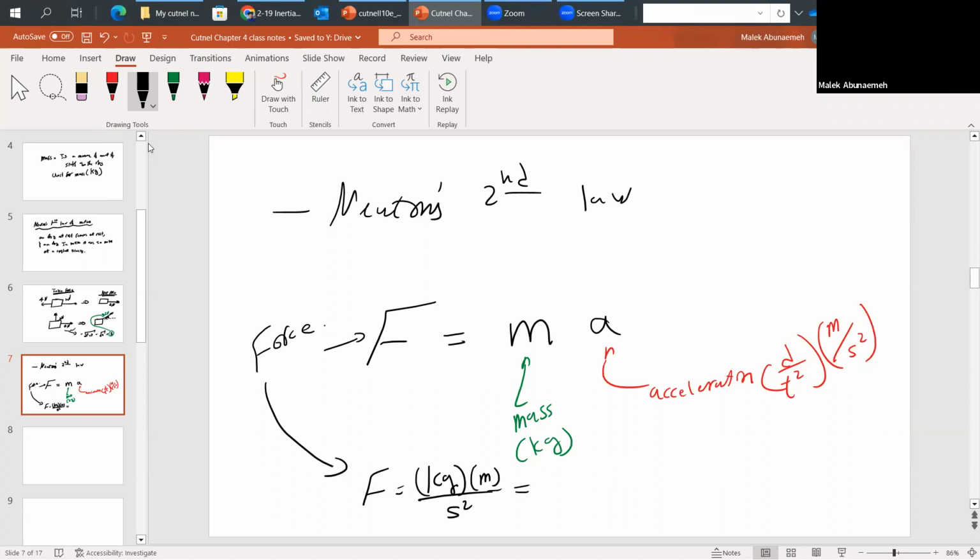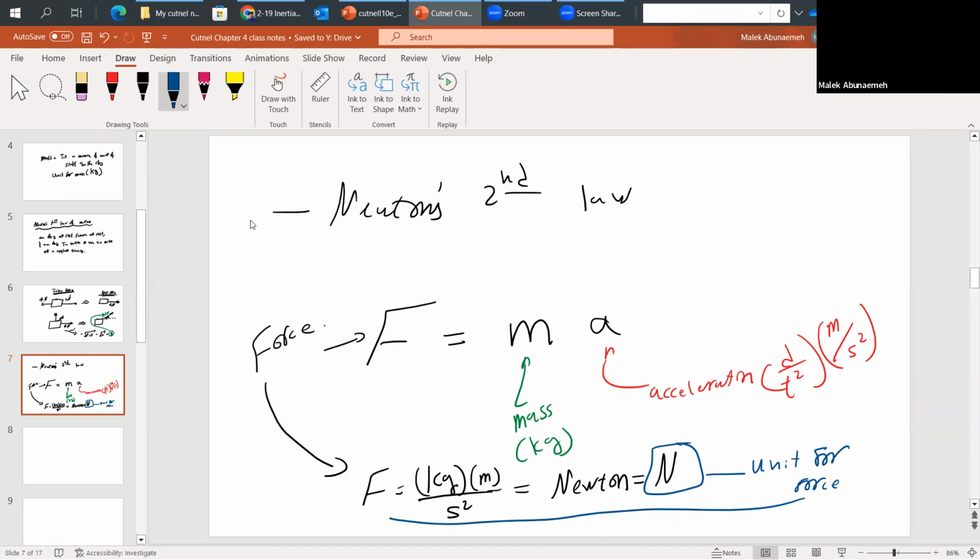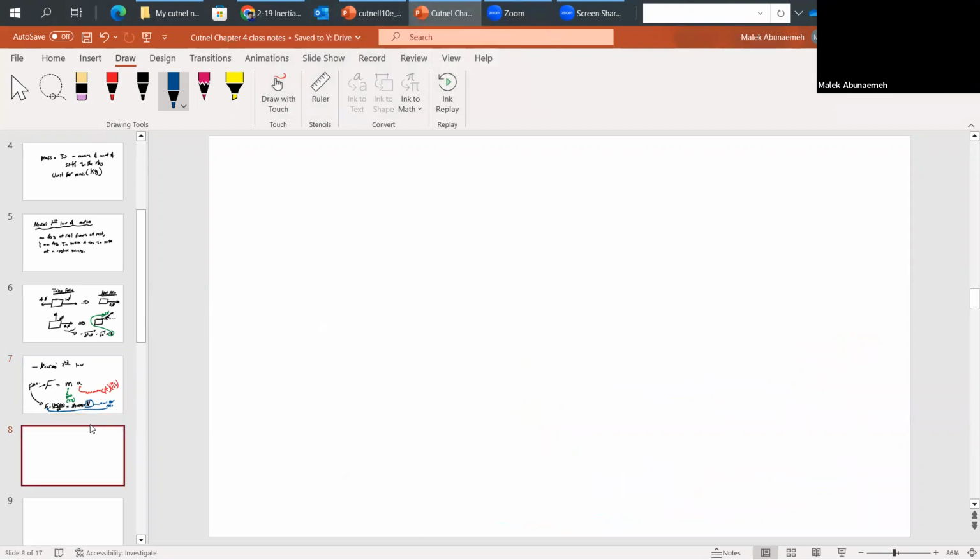And that's, ladies and gentlemen, what we give the notation for in Newton, and we give it a big letter N, and that would be our unit for the force. Now, so your force is gonna equal your mass times your acceleration. Actually, let's look closer.